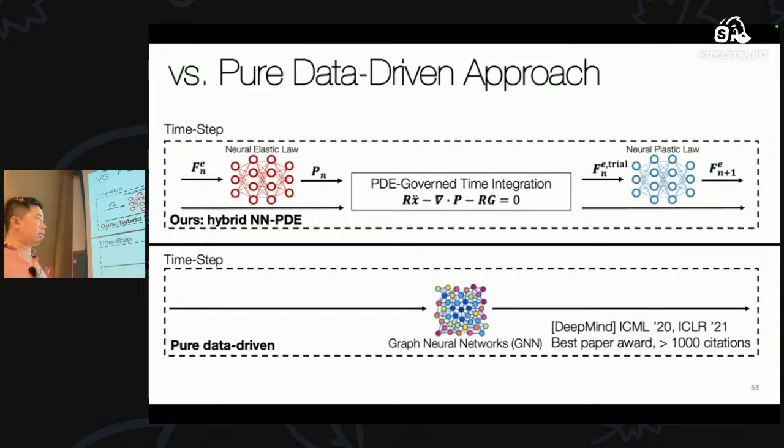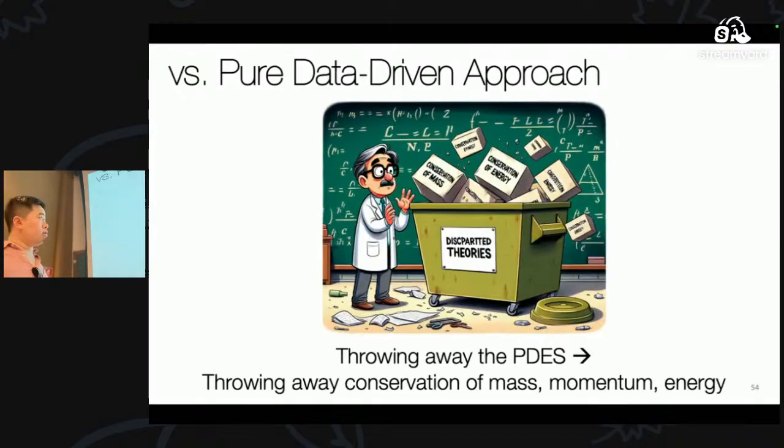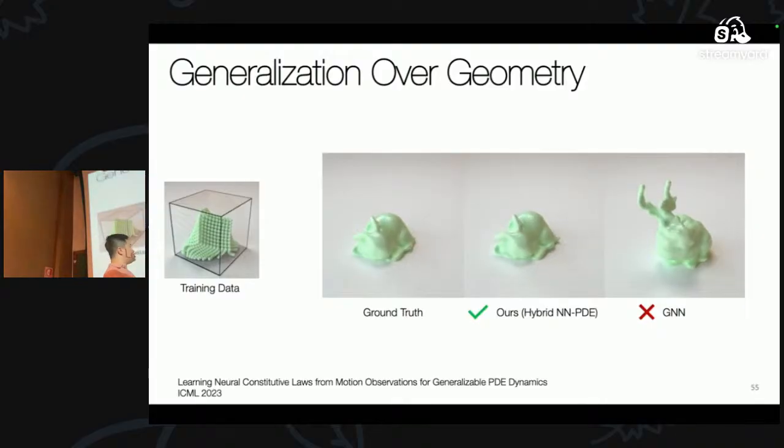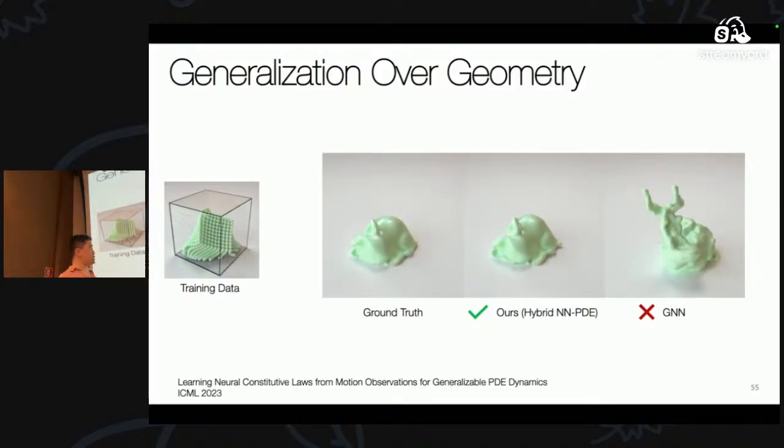If you adopt the pure data-driven approach, you're dropping lots of things, like the conservation of mass, momentum, and energy. A lot of this physics knowledge you just drop directly. As such, we saw earlier that it struggles to generalize to different geometries. But the hybrid neural network PDE approach generalizes perfectly.